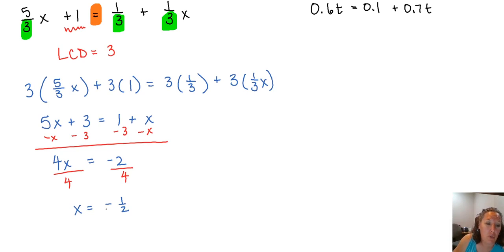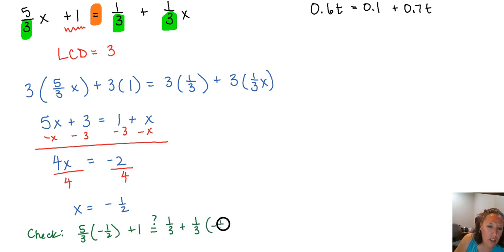And the way we're going to check it is we're going to plug in the solution that we got into our original function. So when we check, we want 5/3 times negative 1/2 plus 1, we want to make sure that that's equal to 1/3 plus 1/3 times our solution of negative 1/2.